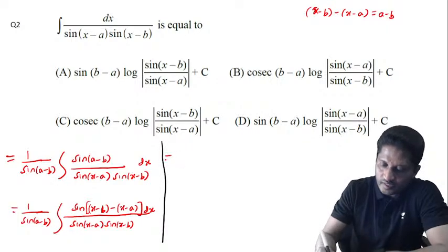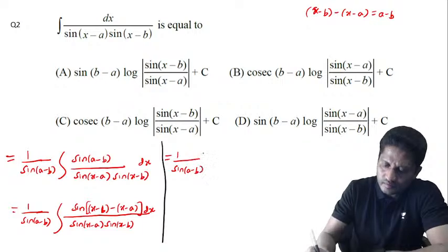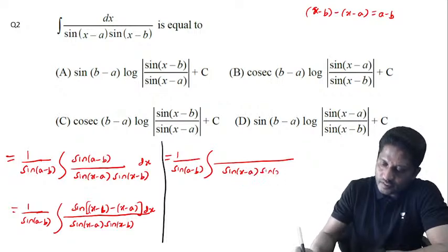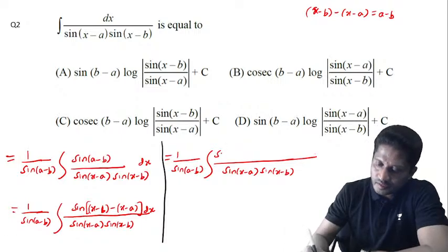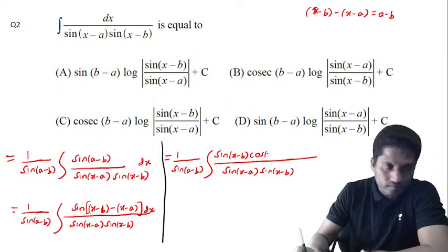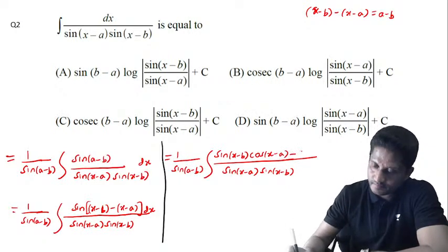Now this is equal to 1 divided by sine of a minus b, and then this is sine of x minus a to sine of x minus b. Sine of a minus b is equal to sine a into cos b, okay, minus cos a into sine b.